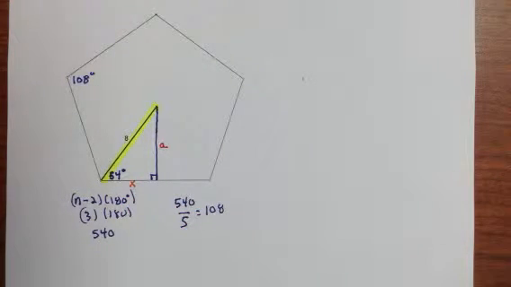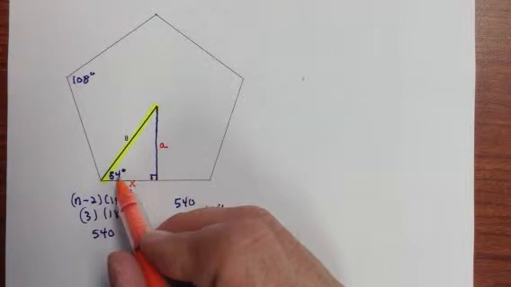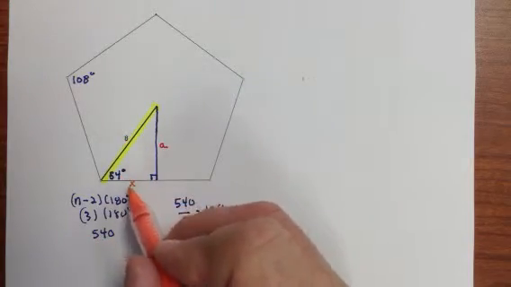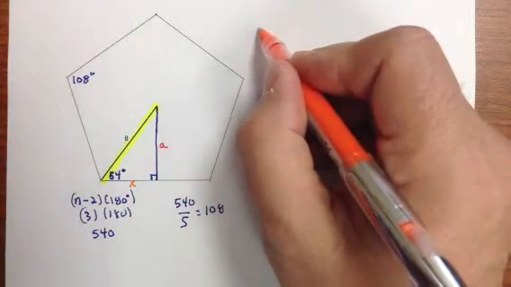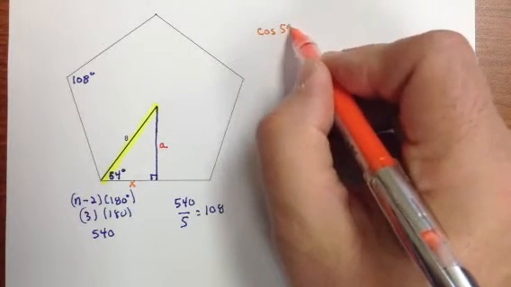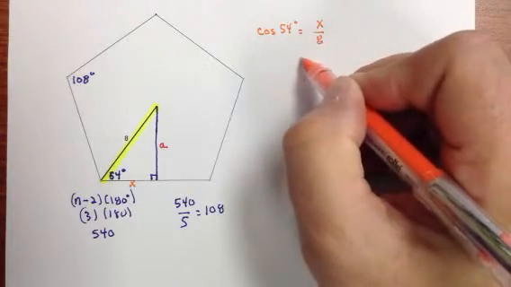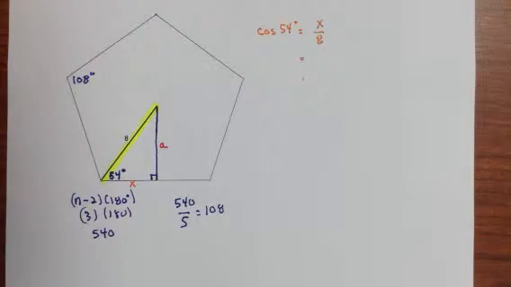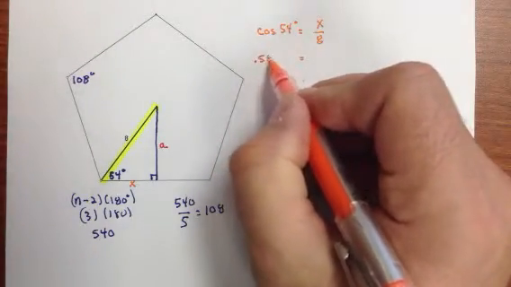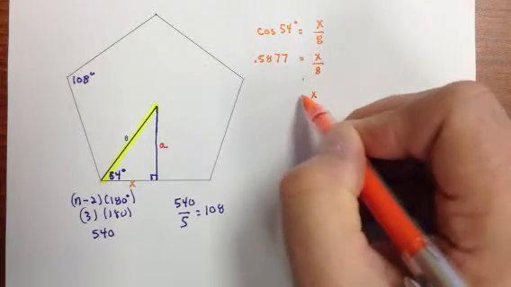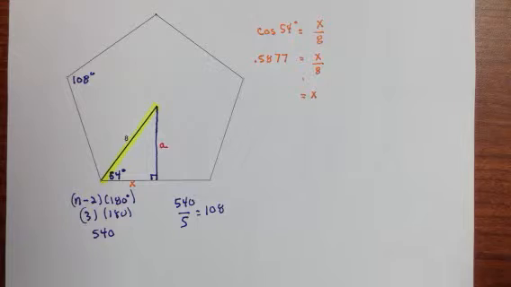And to do that, I'm going to use trig. So let me do X first. So X is the adjacent side. 8 is the hypotenuse. So that's going to be cosine of 54 degrees, and that equals X over 8. And the cosine of 54 is 0.5877. If you didn't get that, make sure your calculator is in degrees.